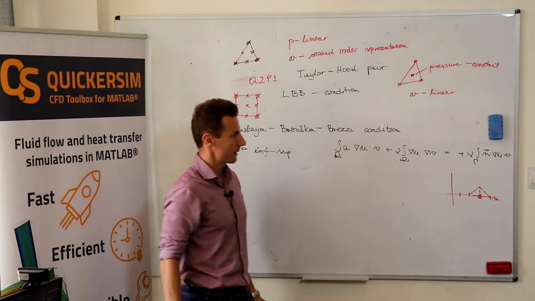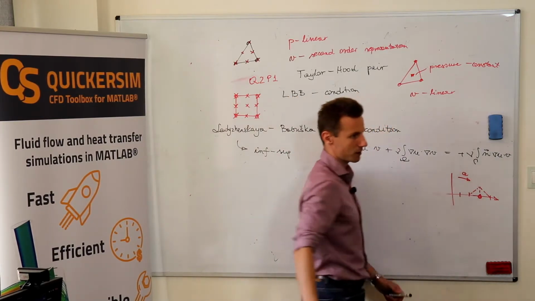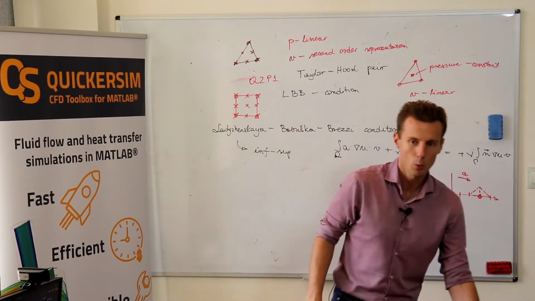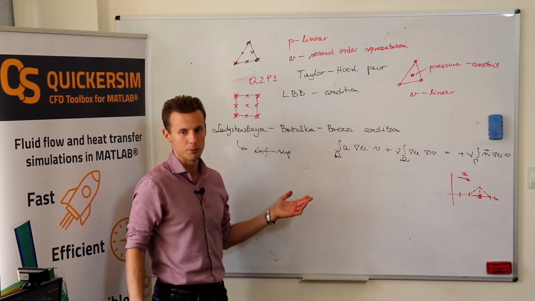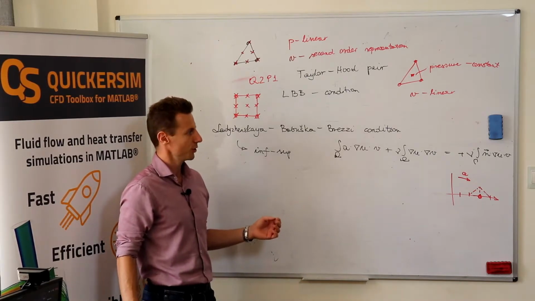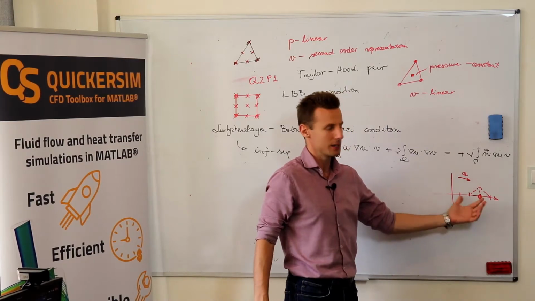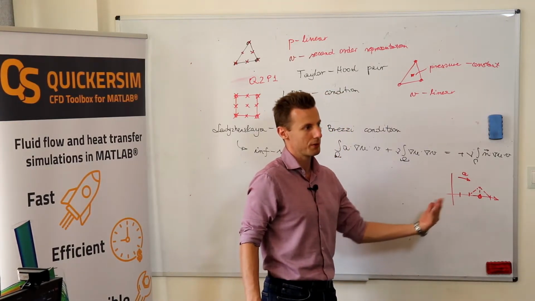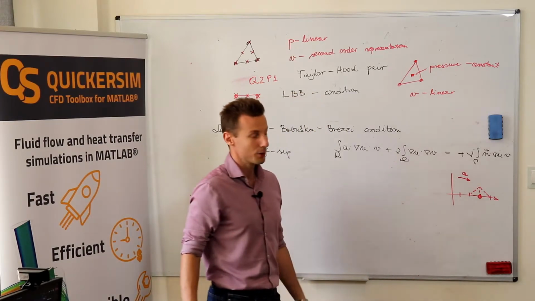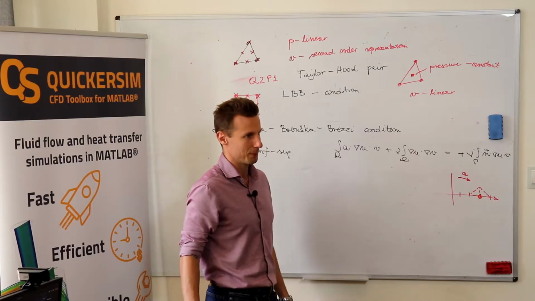Now imagine that the flow is coming from here with some advection velocity. What you want to do, as in finite volumes or finite differences, is neglect everything happening downstream of your node and take everything that is upstream of your node, because it's where the information comes from. So you want to do the same in finite elements.